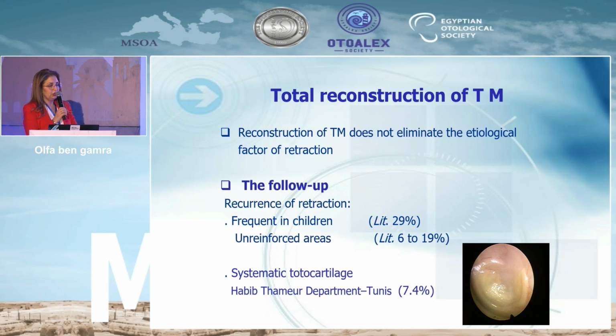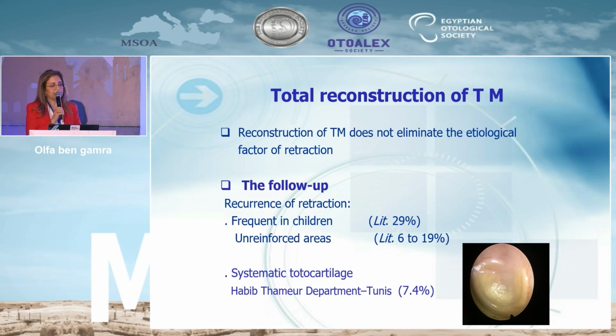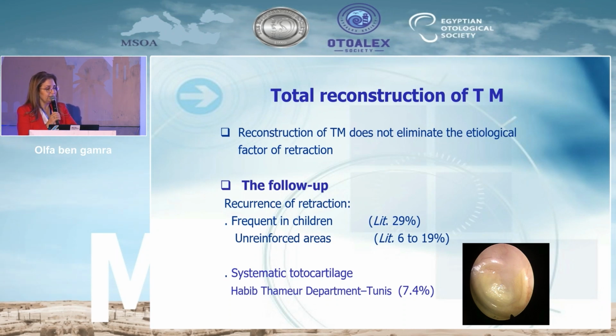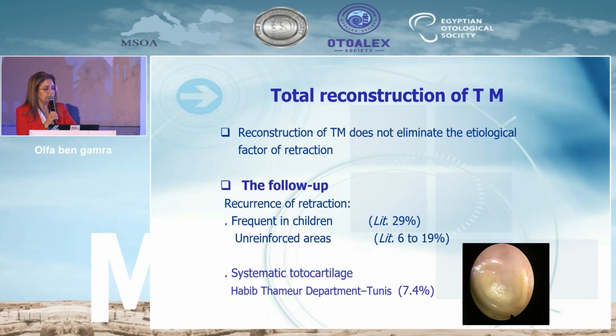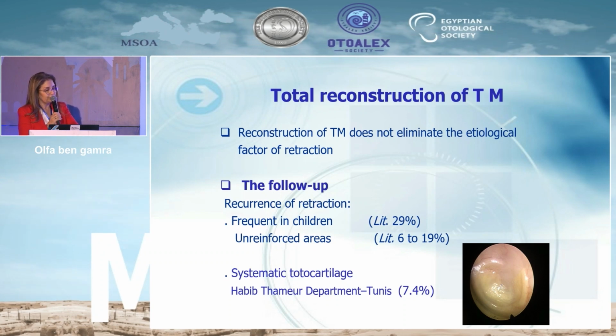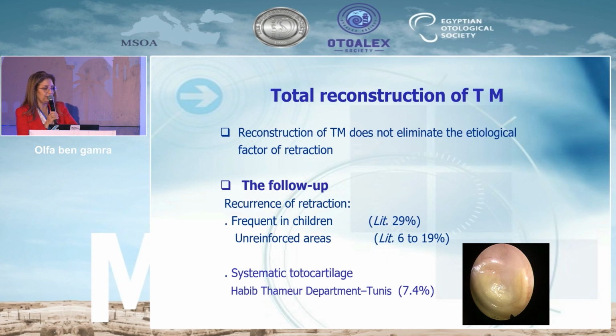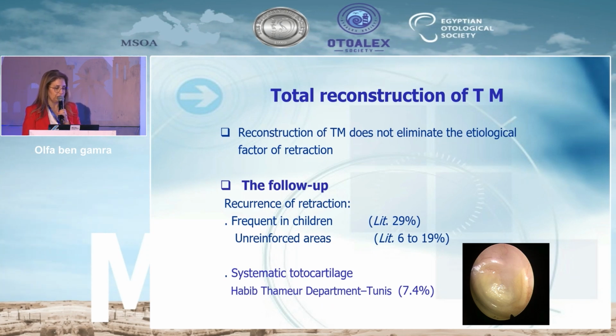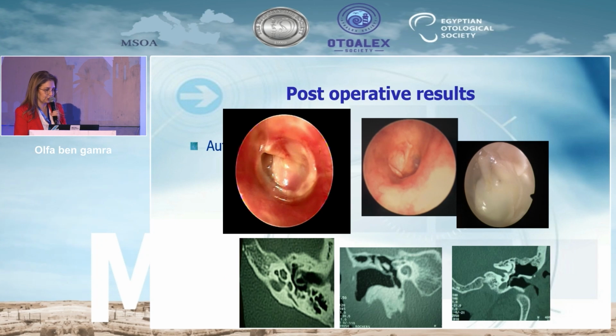Total or subtotal reconstruction of the tympanic membrane is recommended to prevent retractions, and we note a decreased rate of recurrent retraction with systematic use of total or subtotal cartilage reconstruction.